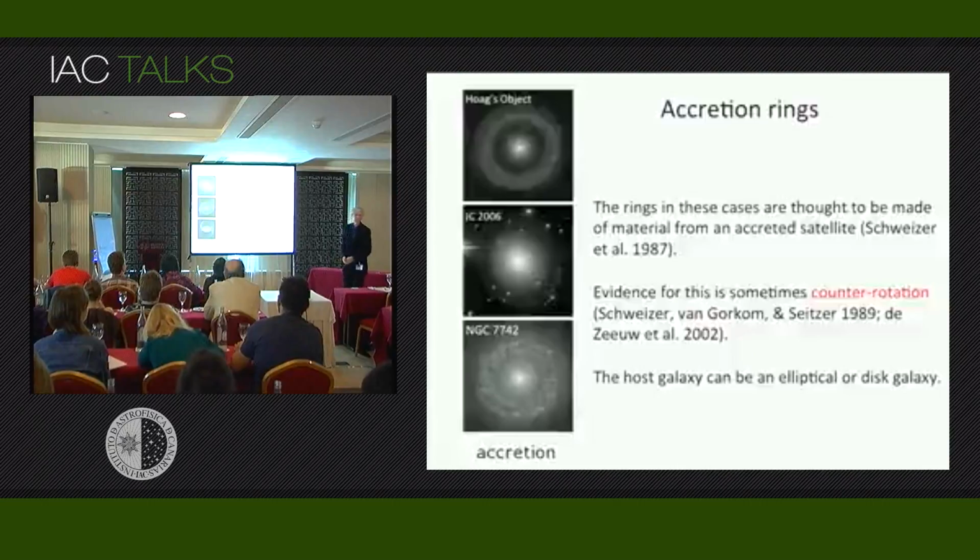And the lower galaxy, NGC 7742, with SAURON data, was discovered to have counter-rotating gas in that bright ring. And there's more to the galaxy than the picture shows because it has an extended disk. So it has an accretion feature in a disk galaxy, whereas the other two have accretion features in an earlier type galaxy. And one thing you can already see is that if you're the naive morphologist and you just pay attention to morphology, you would classify all of those as non-barred ringed galaxies.